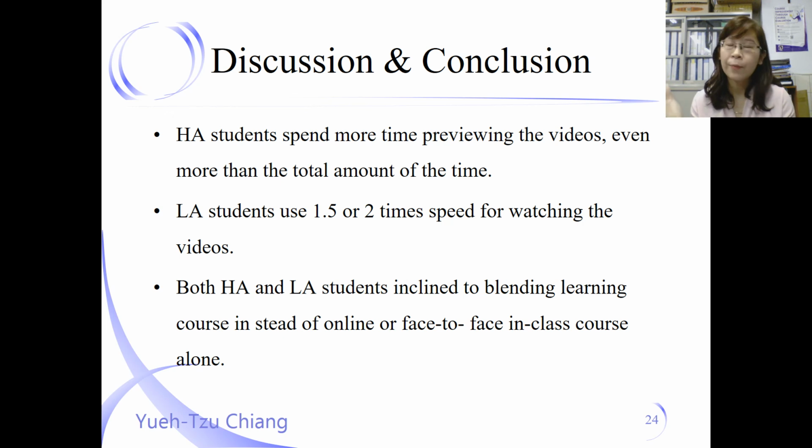For example, if a video is 10 minutes, they would spend 20, even 30 minutes. They said that they pause and write down all the keywords and key points. So that's why they spend more time previewing the video. I think that's a very good thing.